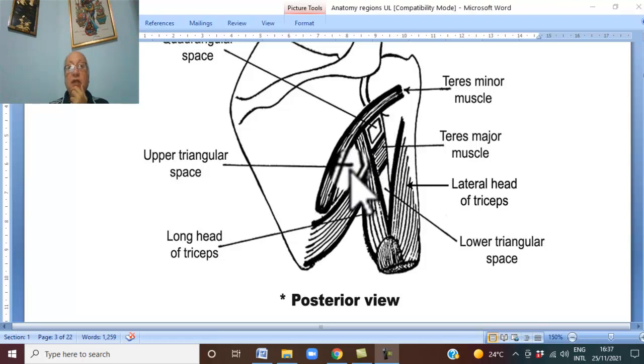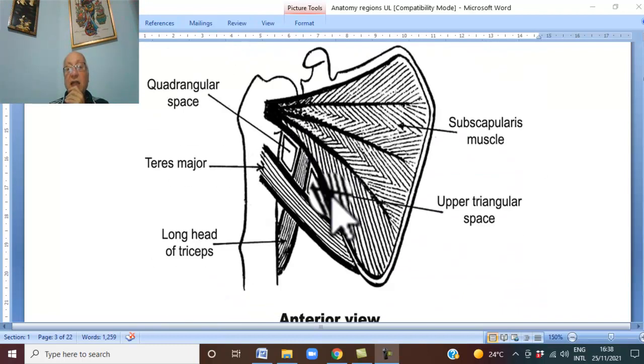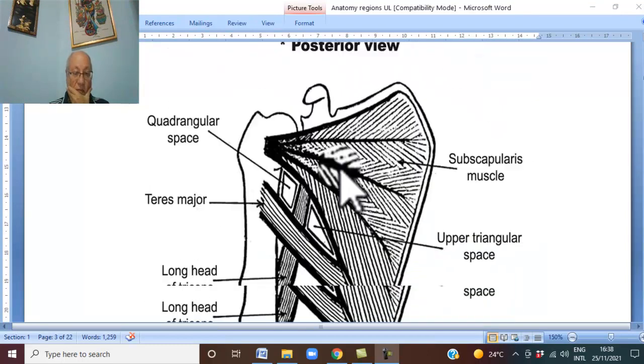To the back of the shoulder region. Therefore, the quadrangular space and the upper triangular space are the passages for structures from the axilla to the back of the shoulder region.